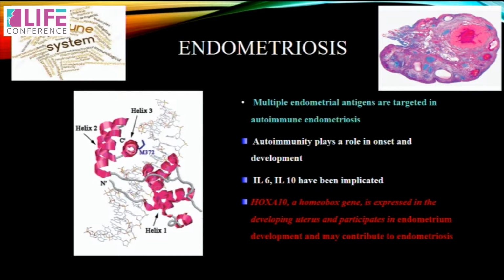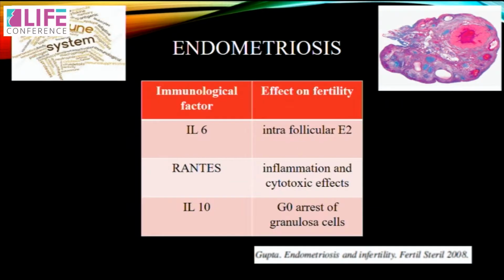So multiple endometrial antigens, like candidate genes, are targeting the autoimmune endometriosis, and immunity plays a role in the onset of development. Now we know that interleukin 6 and interleukin 10 have been implicated, and HOXA10 has been very well validated as the homeobox gene expressed in the developing uterus; it participates in the endometrial development and may also contribute to endometriosis in the ovary.